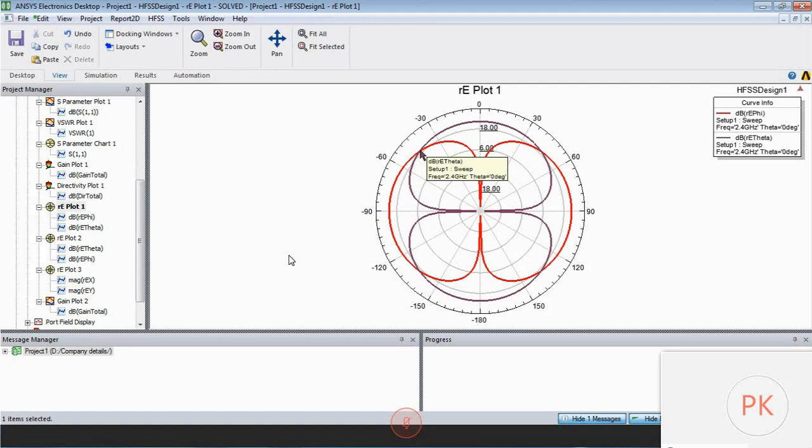If the dB is more than 10, we consider that as co-polarization. If it's negative, it's cross polarization. Cross polarization means the antenna doesn't work. Okay, okay, sir.